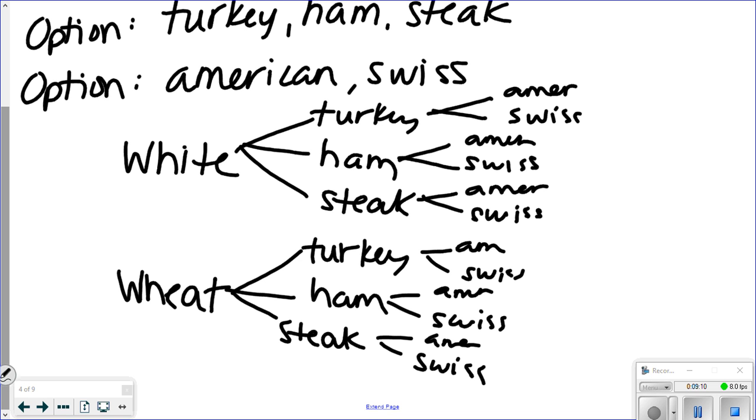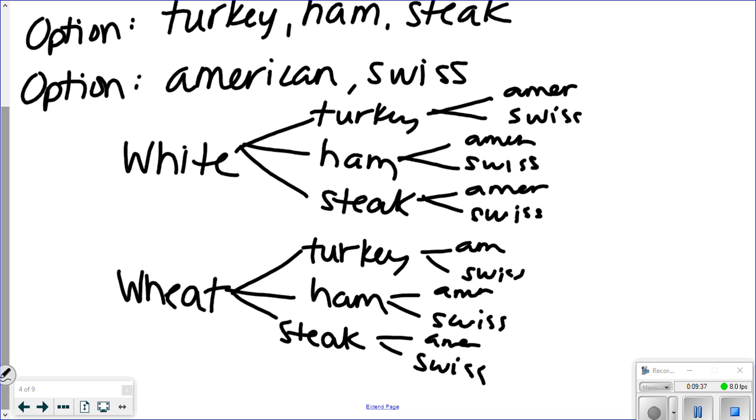Okay, so now let's answer some questions about it. First of all, how many possibilities are there? Okay, hold on. Easy way to know: count the ends. 1, 2, 3, 4, 5, 6, 7, 8, 9, 10, 11, 12.